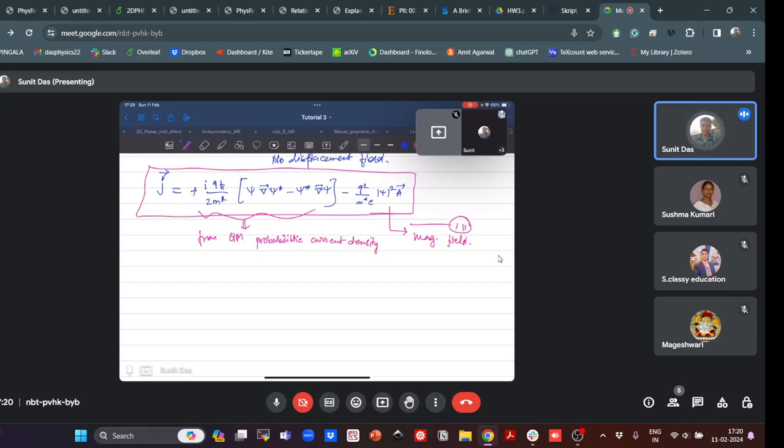So equation 2 and 3 are called the Ginsburg-Landau theory for superconductors.